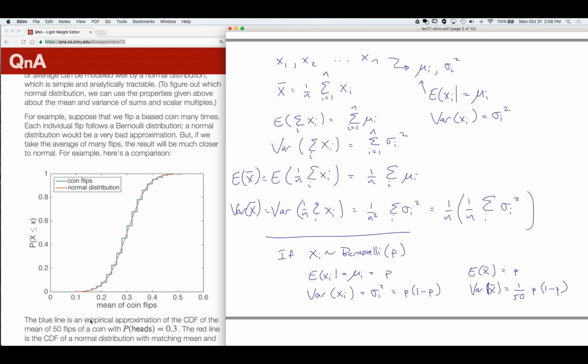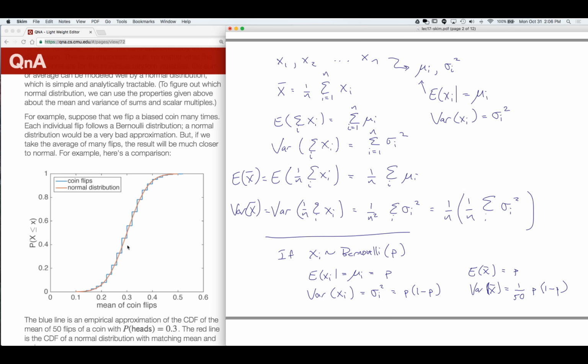The reason it's a staircase is because there's a discrete set of possible values that the mean could take. The mean of 50 coin flips, each one can be only 1 or 0, so the mean can be 0 over 50, 1 over 50, up to 49 over 50, 50 over 50. So there are 50 possible values that it could take, and the height of each of the stair steps is how often the mean takes that value.